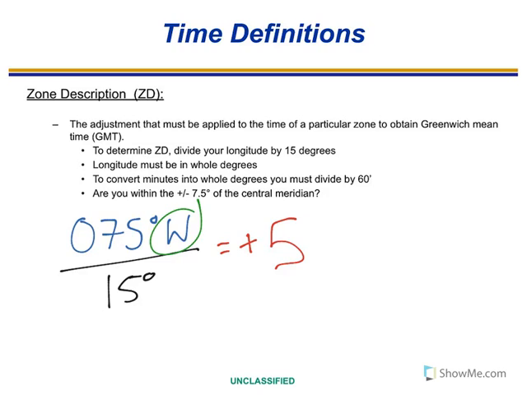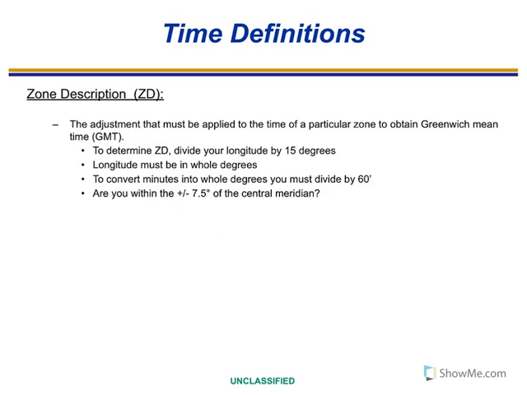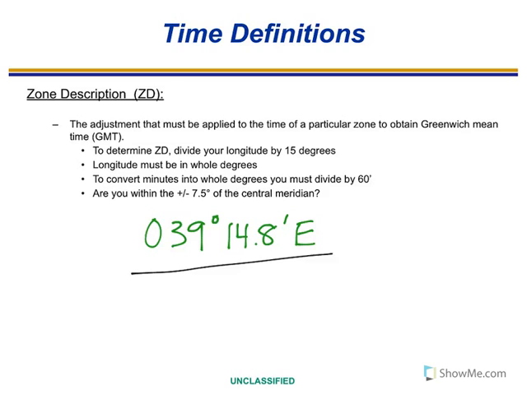Let's try a slightly trickier one, because we won't always be exactly on a full degree of longitude. Let's say our longitude is 039 degrees, 14.8 minutes east. All right, following along the steps, we're going to divide that by 15 degrees. But we can't put this number into a calculator, because our calculators can't do degrees and minutes. So instead, we have to convert these minutes into degrees, which means we're going to take our minutes and divide by 60, because there are 60 minutes in each degree.